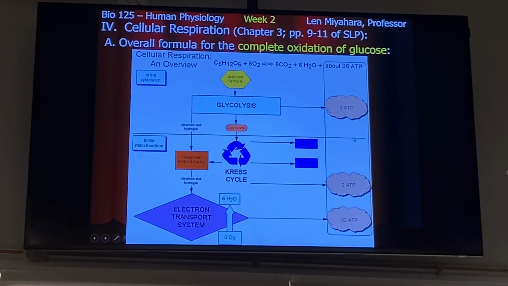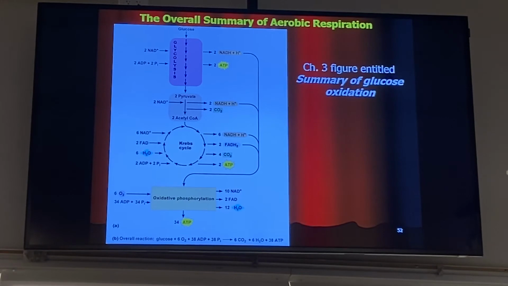Okay, and you're going to get 36 ATP, but look at where the payoff is. It's actually in the 3rd stage. You only get 2 in the first, 2 in the second, 32 in the 3rd. That's the payoff. Does everybody see that in the figure? This is from your textbook, the overall formula.